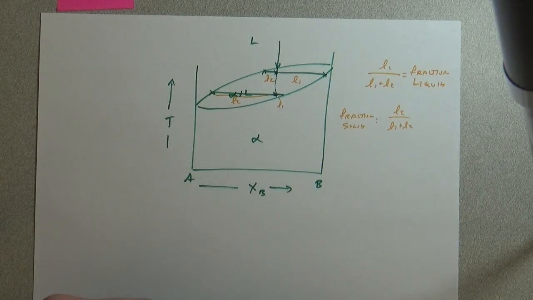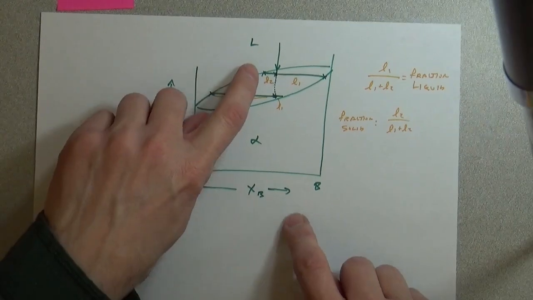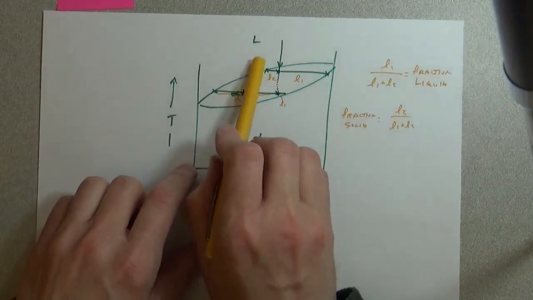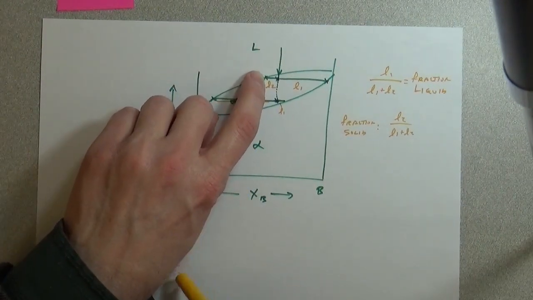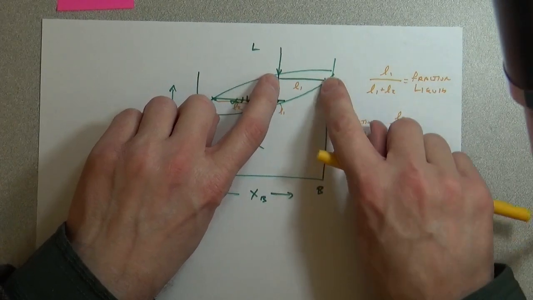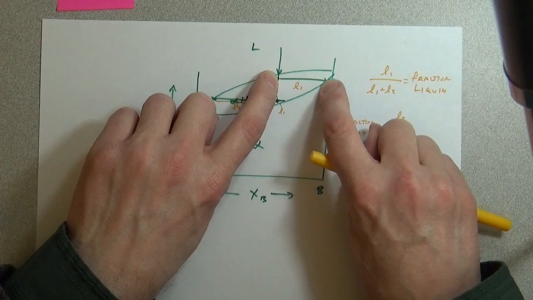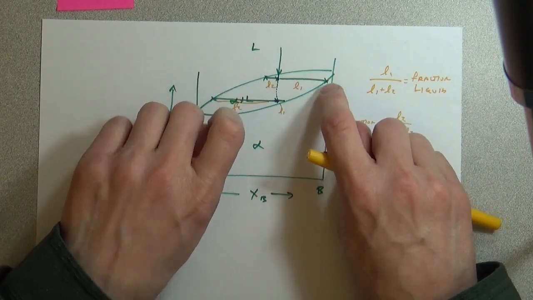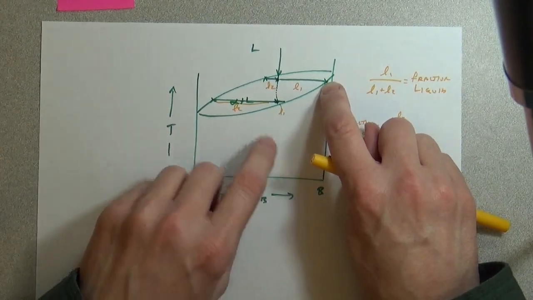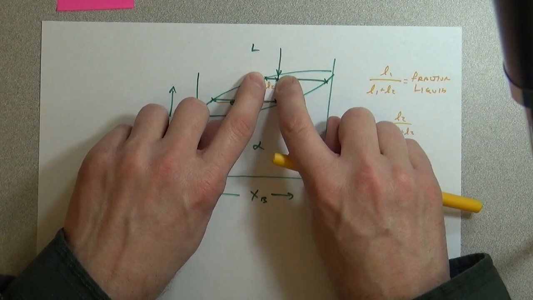So the rule is that the liquid touches the tie line on this end, therefore you take the opposite part of the tie line. Here it touches the solid, therefore you take the opposite to know the amount of solid.